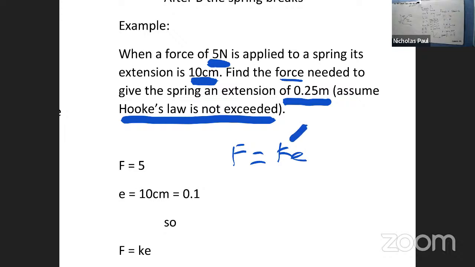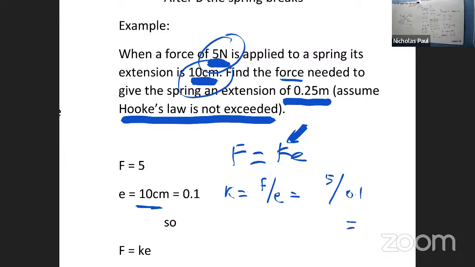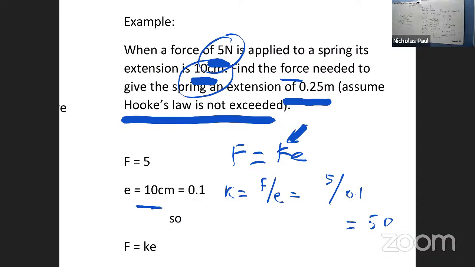First thing they did is they solved for K. K is equal to F over E. F is 5, but instead of using 10 in centimeters, they worked in meters. So they end up with K being 50 newton per meter.